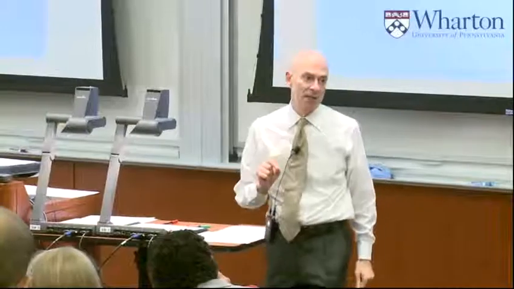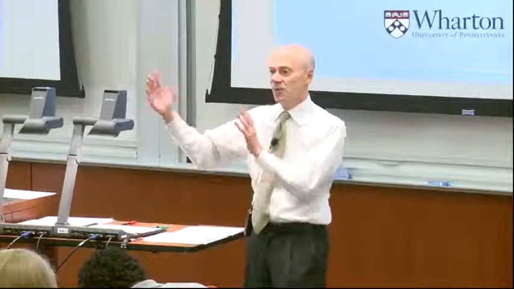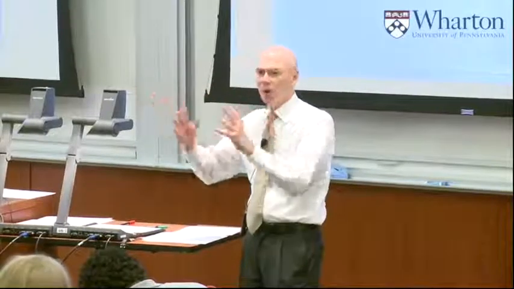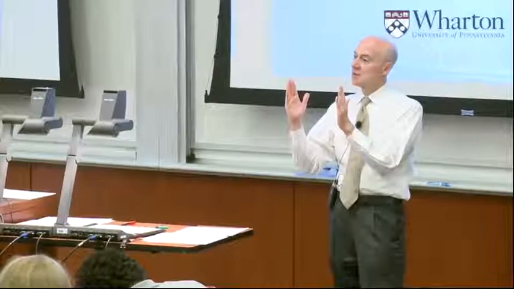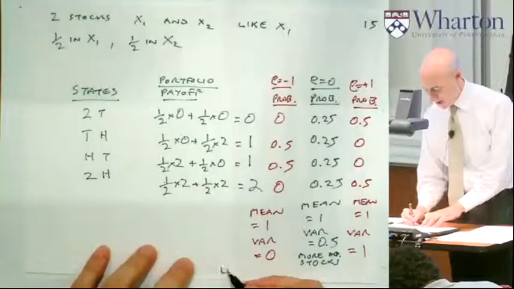It's shrinking. If we go to 100 coins, what's happening? How many are we going to get most of the time? 50 heads, 50 tails, 49, 49. But the chance of 45, 55 is pretty low. So again, what's happening to the variance? It's shrinking down. And there's something called the law of large numbers.